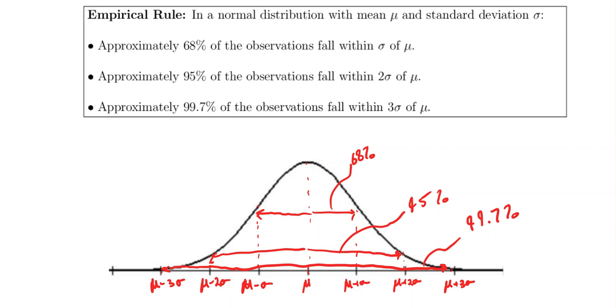Because of the symmetric nature of our picture, you can split all these things down even more in the middle. Since 68% of our data falls within one standard deviation of the mean, and our normal distribution is symmetric, each of these inner chunks, say the chunk within 1 standard deviation below the mean, is going to be 34% of the data. Same thing for this chunk, 34%.